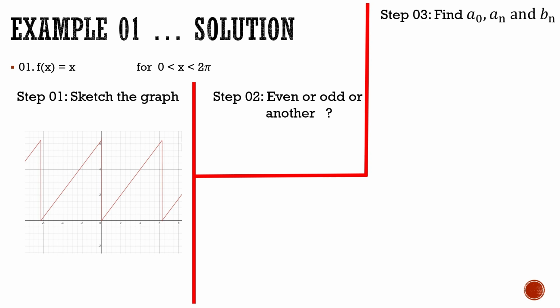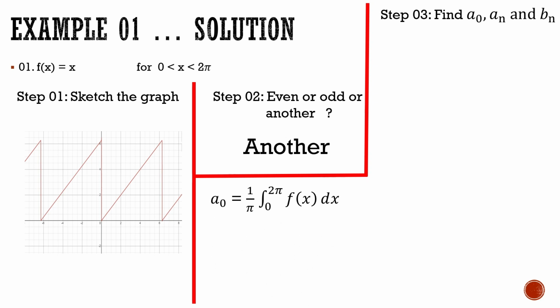After looking at this graph, we can get an idea about even, odd or another. This is another function. This is not even or odd. The third step is to find a0, an and bn.